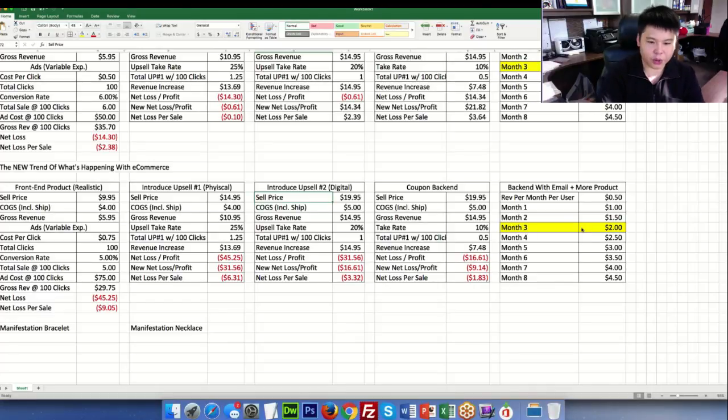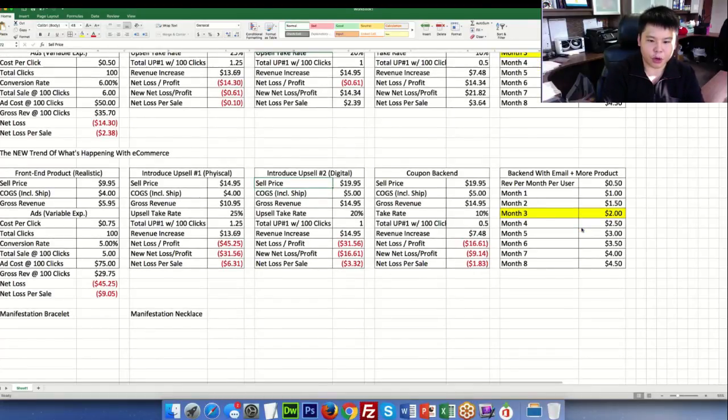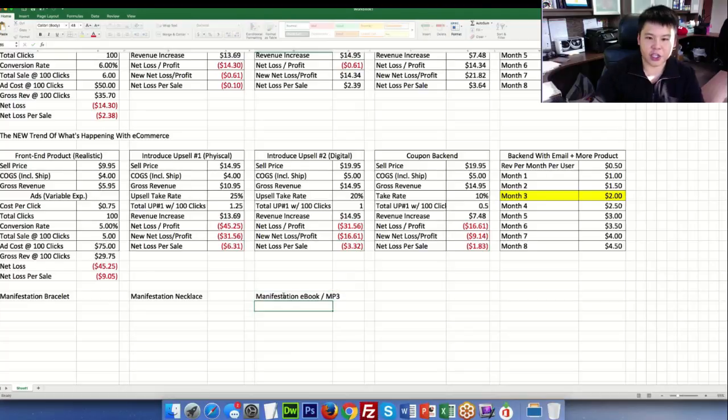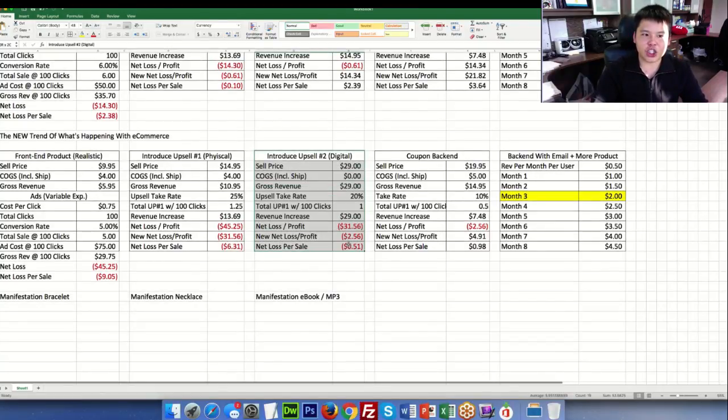So here, imagine we do a manifestation ebook or MP3 as a digital product. Your sell price, let's say, remains at $19.95. But now, if you take away the cost of goods, you will immediately see that your number makes a big difference. And digital products can go all the way up to like $29. By then, you can see the number drastically change.